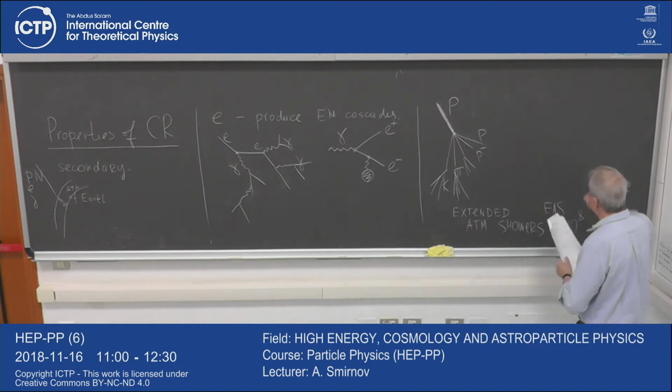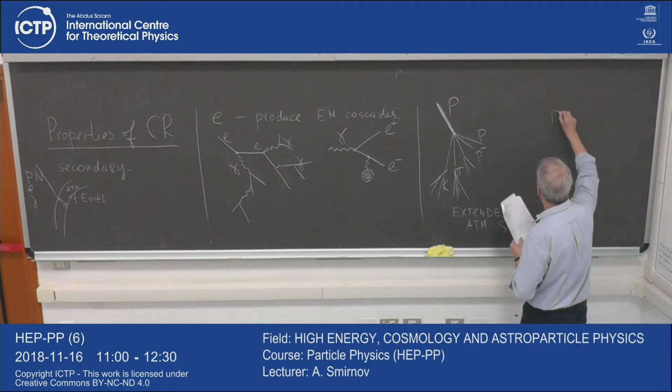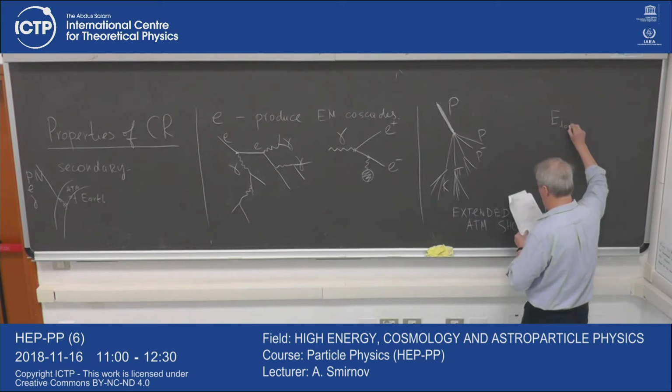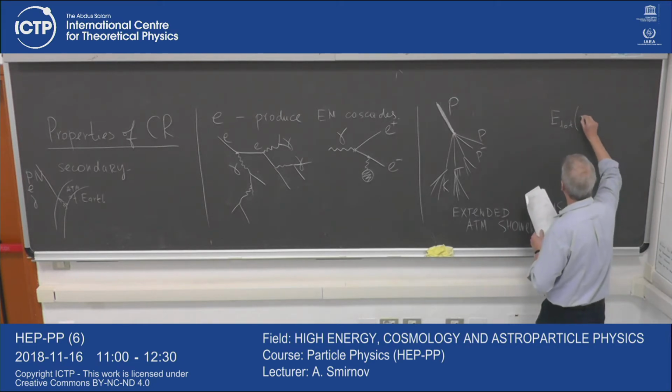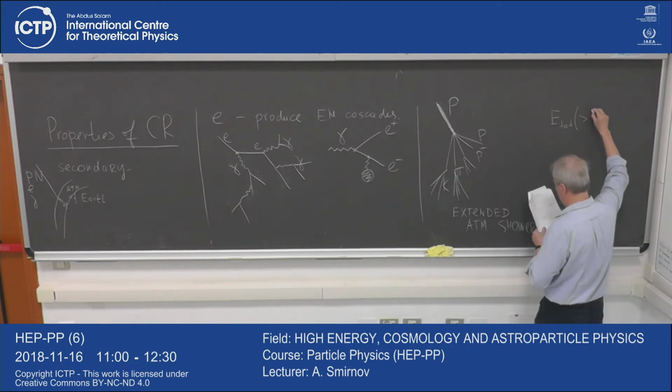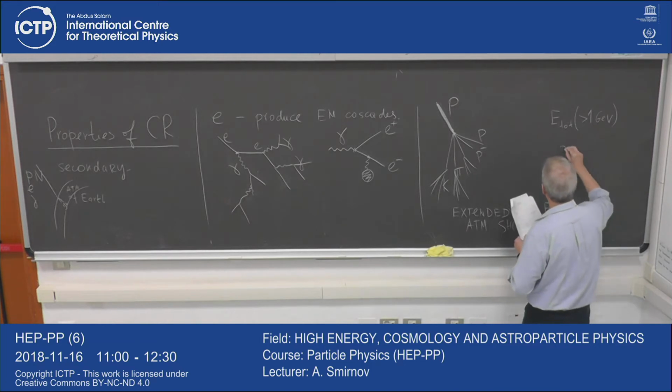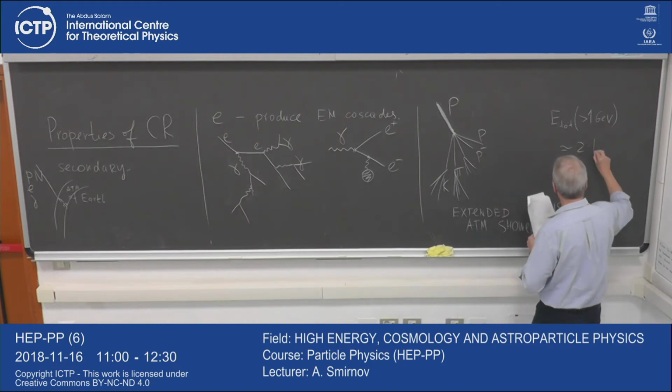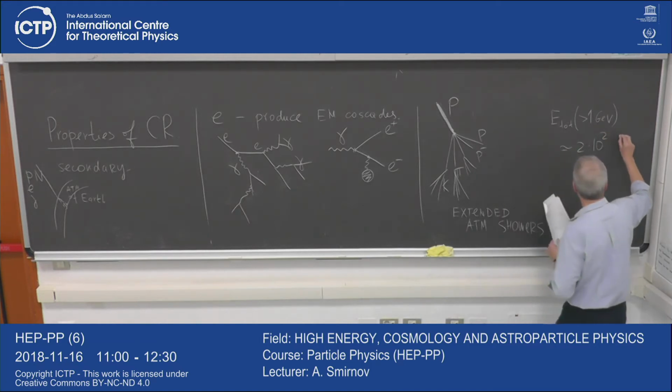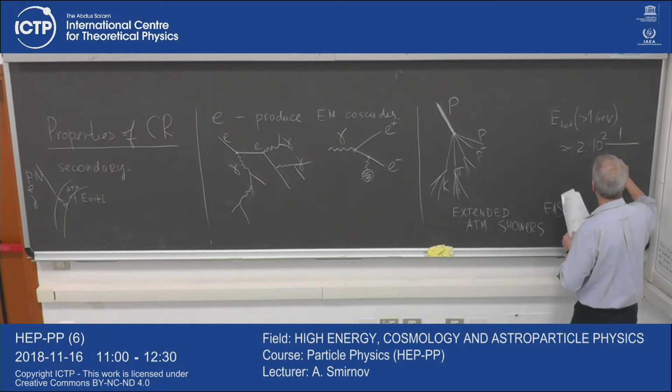Now, just to have an idea, the total flux of secondary cosmic rays at energies bigger than 1 GeV is about 2 times 10 to the 2 per square meter per second per steradian.